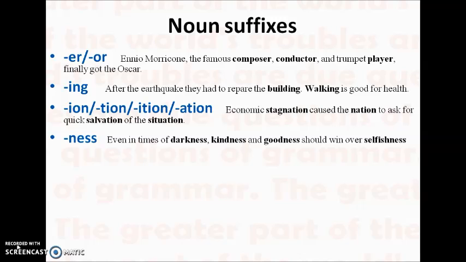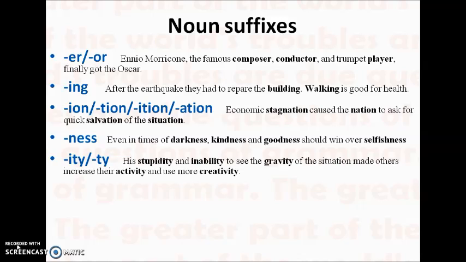We use them for state or quality. Then we have -ity or -ty, like in stupidity, inability, gravity, activity, or creativity. We use suffix -ity for talking about state, condition, or quality.